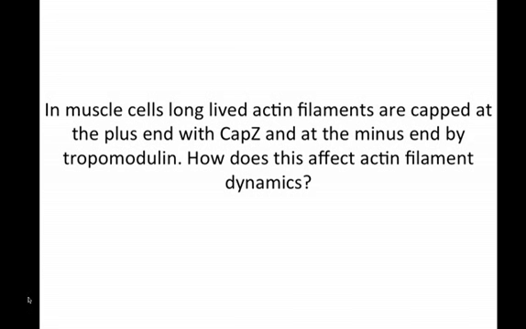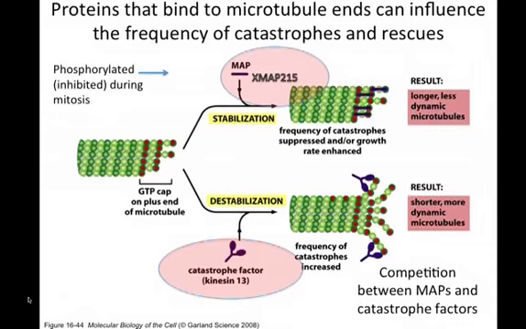Oh, there you go. Tropomodulin at the minus end in muscle cells. Right, so that's what we were just talking about. In muscle cells, you have these long-lived actin filaments, and they're capped at the plus end by CAP-Z and at the minus end by tropomodulin. I don't need to ask you how it affects the dynamics because we just spoke about that.